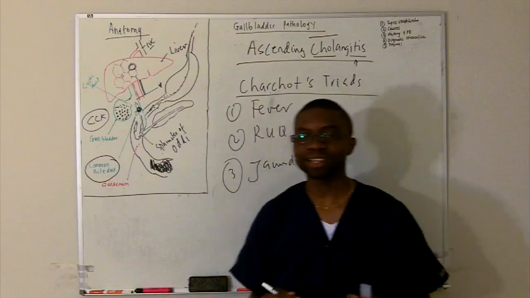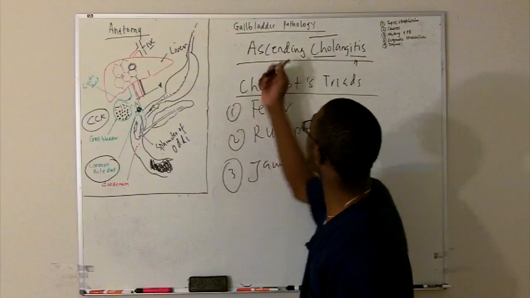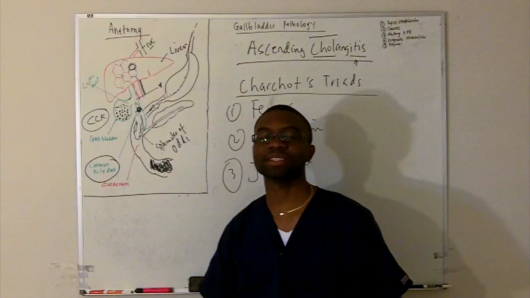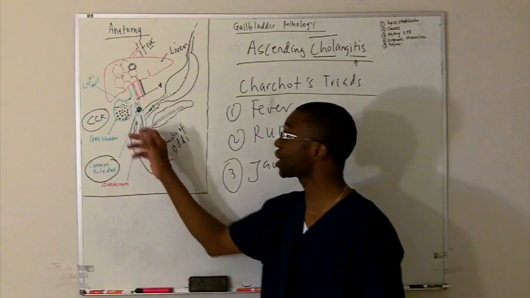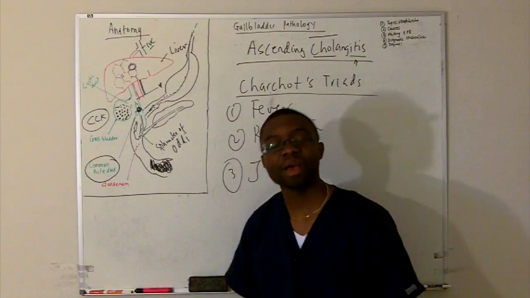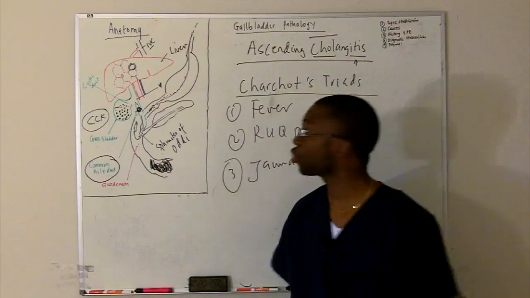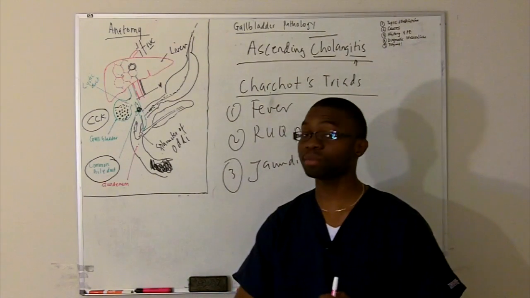Now, this doesn't really require a lot of memorization, because we talked about choledocholithiasis. And one of the complications of choledocholithiasis, if the stone gets stuck there long enough, is that bacteria can come up there, they're having sex, they're growing. So now, I'm not surprised with the right upper quadrant pain, because that's where the stone is, right?